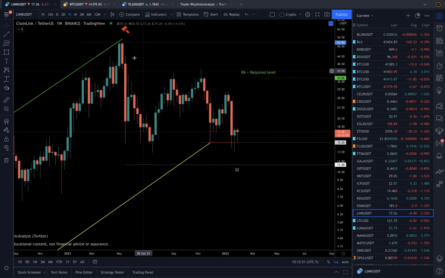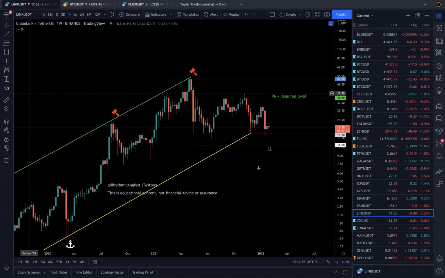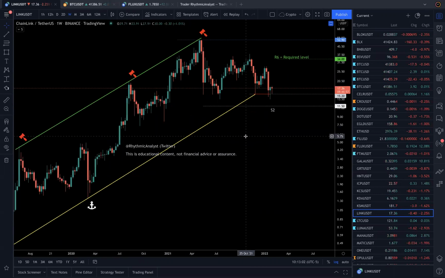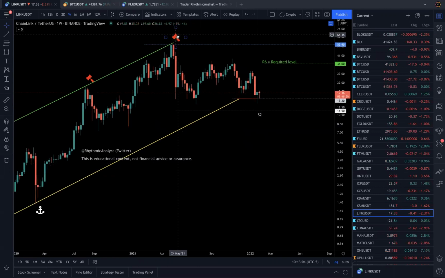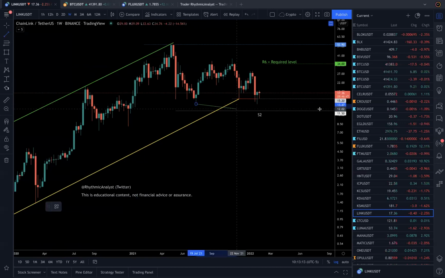Link, as I said, the channel is over, a new pattern is emerging. So this channel has ended. The life cycle of this channel has ended. Now we are talking about a new pattern, where this is your base.